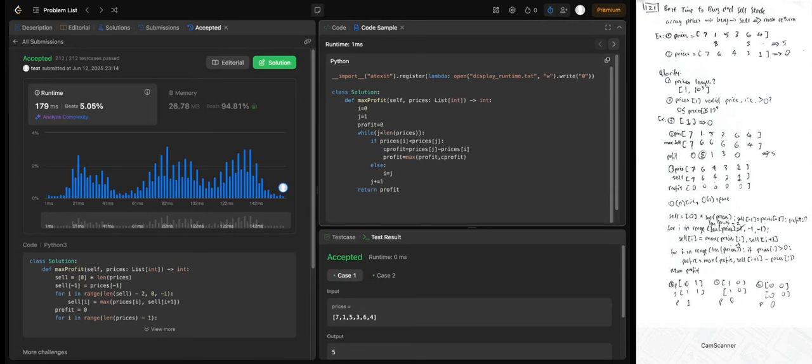So if prices at i is less than prices at j, see profit is prices at j minus prices at i. Profit is max of profit and the current profit.